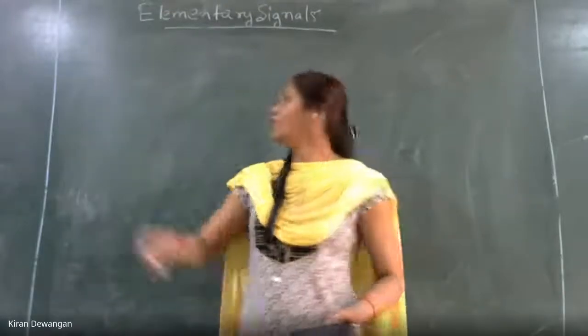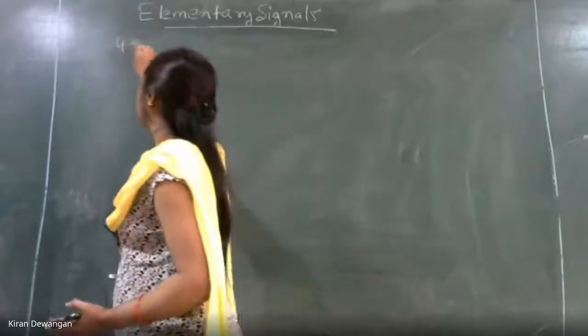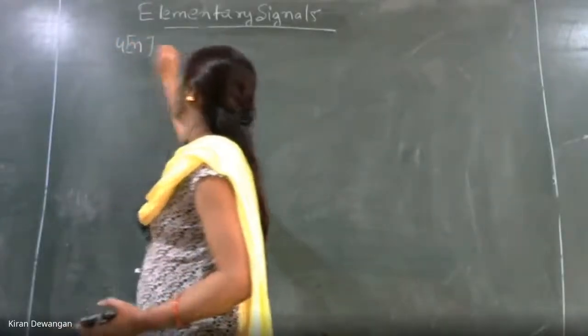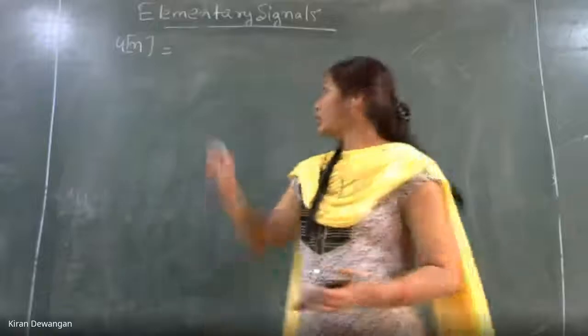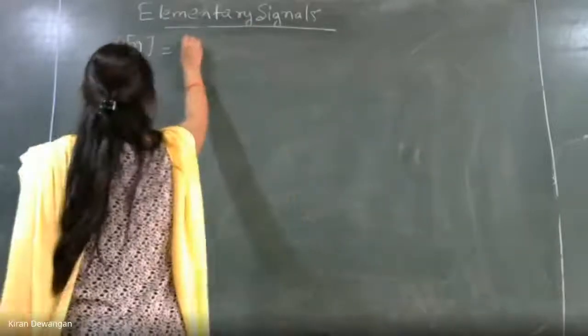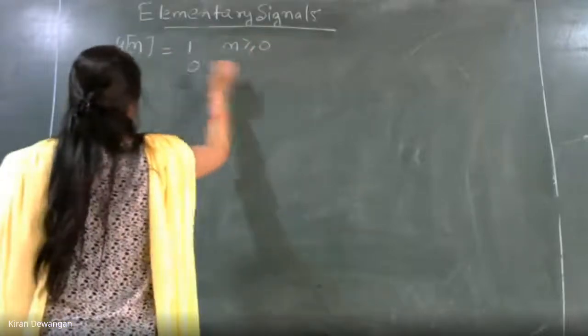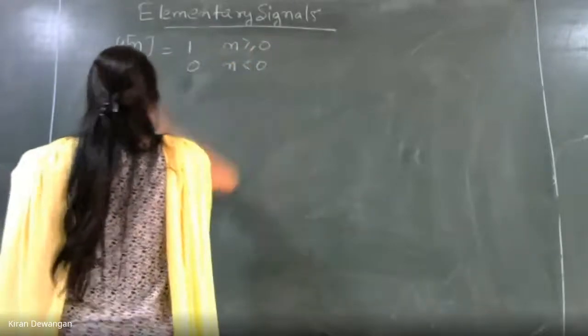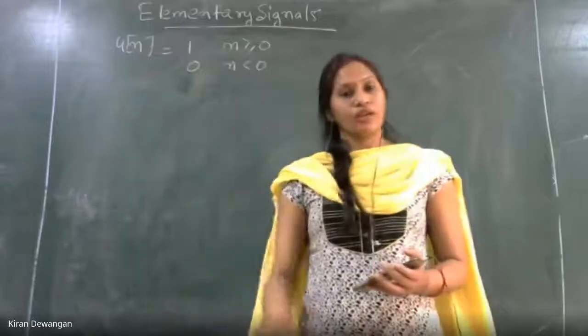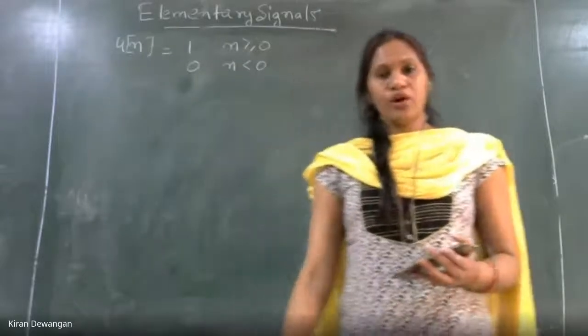Now if we have to plot in discrete u of n, let me just define it. It is 1 for all values of n greater than or equal to 0, and 0 for n less than 0. Now can we plot it?